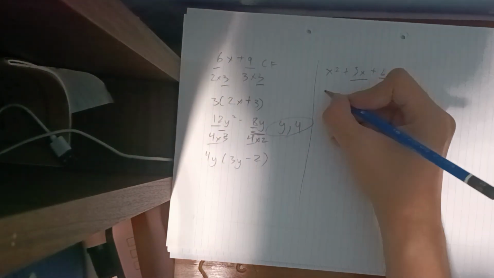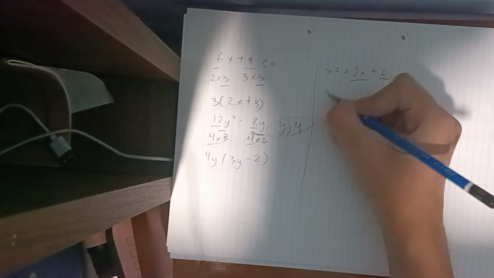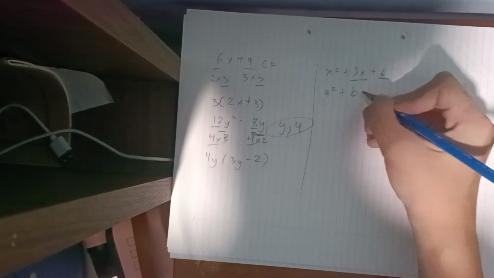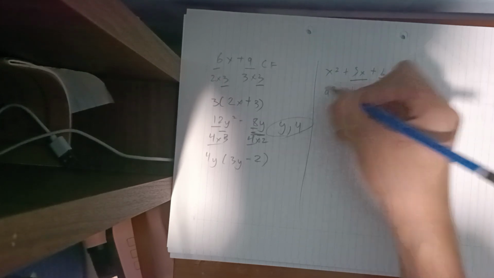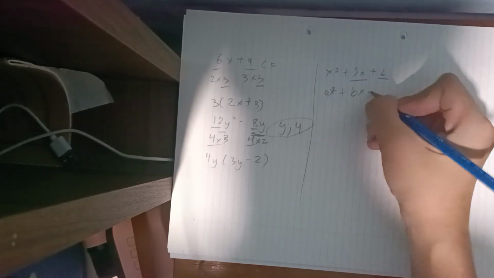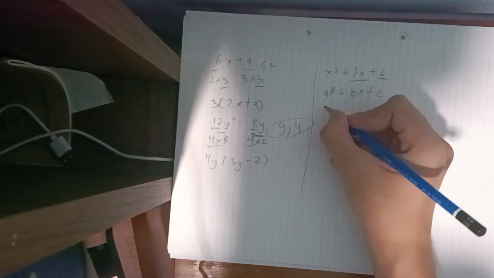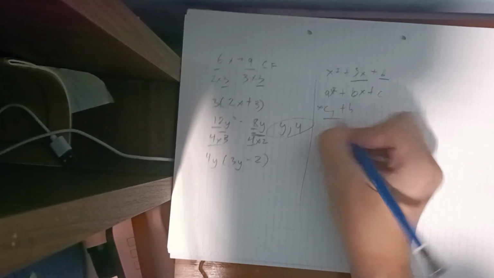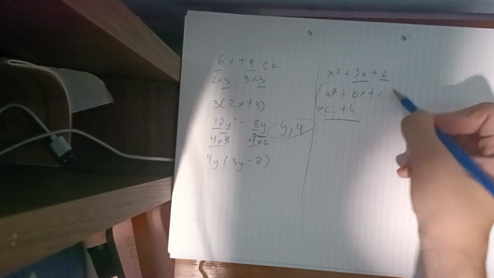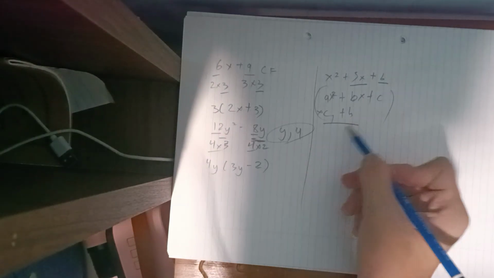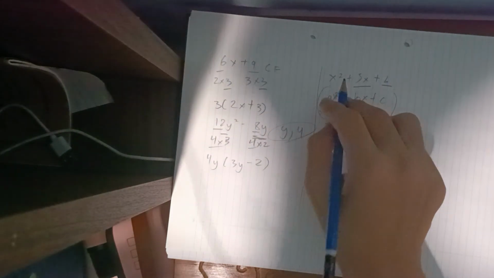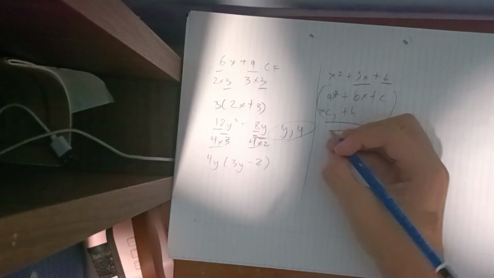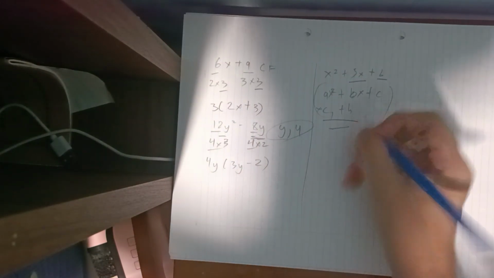So remember, if the formula is ax squared plus bx plus c, you have to find numbers that multiply to c and add up to b. This is the formula you need to remember. It's very important for solving these kinds of trinomials.